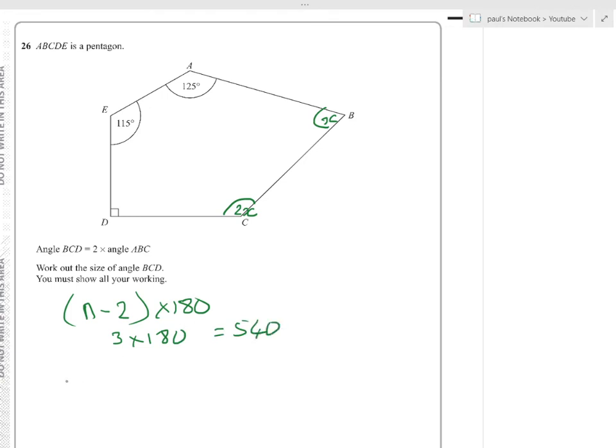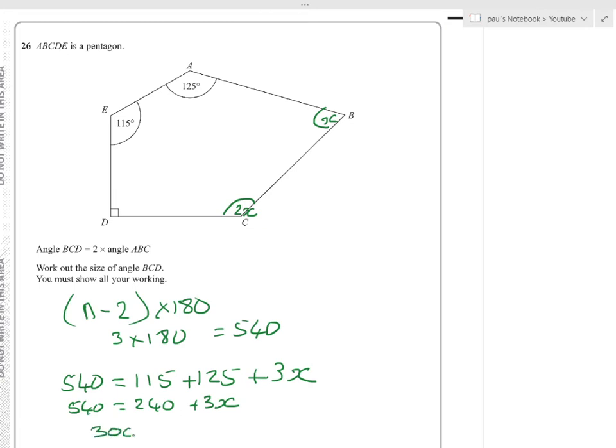So 540 equals 115 plus 125 plus all those x's, 3x. 115 and 125 are 240. So 540 is 240 plus 3x. Take away 240 from there, leaves 300 equals 3x. See where we're going with this? x equals 100.